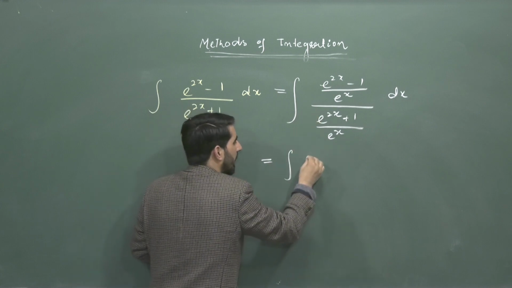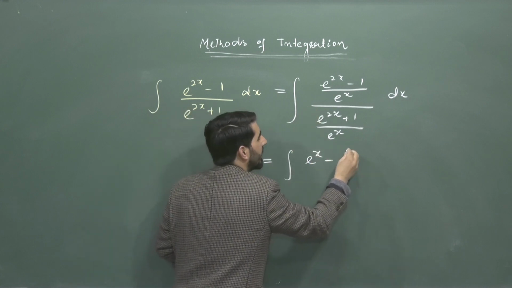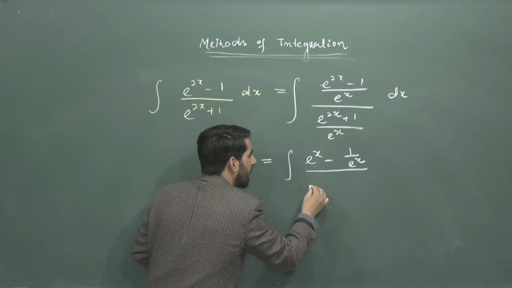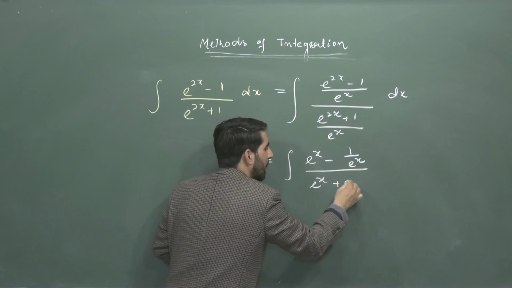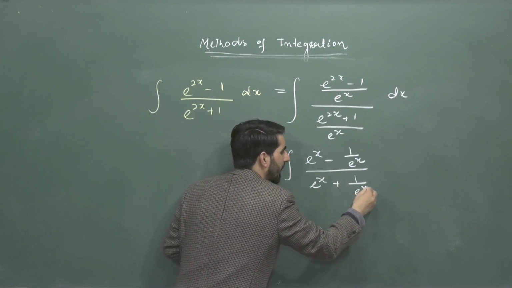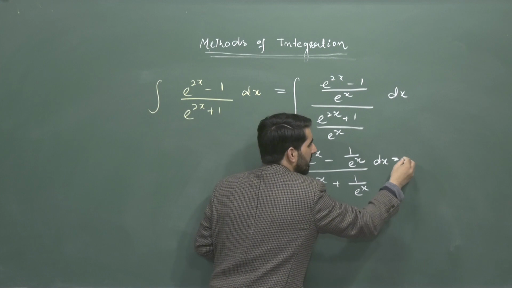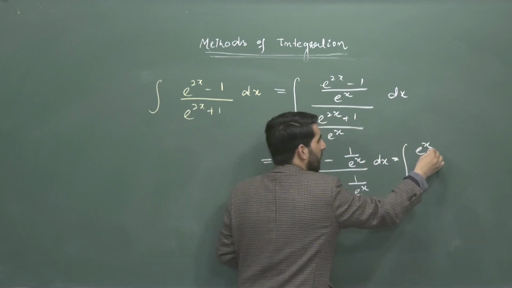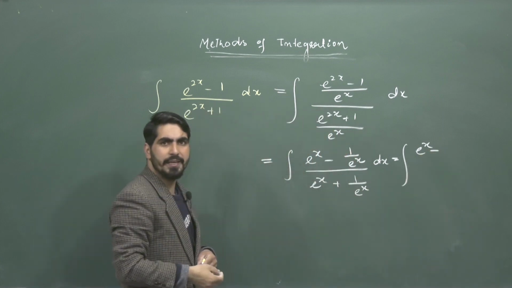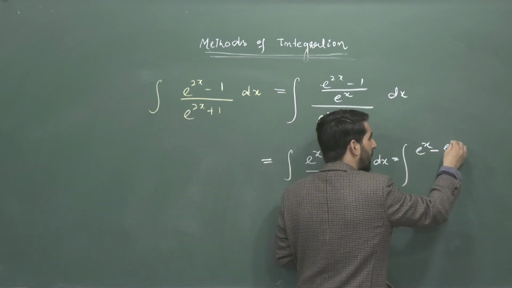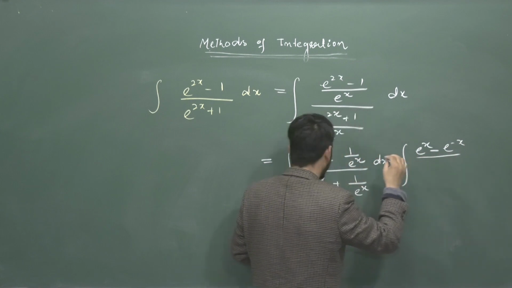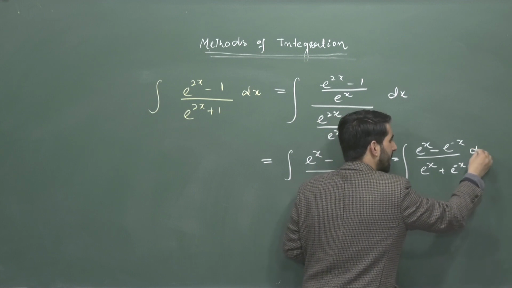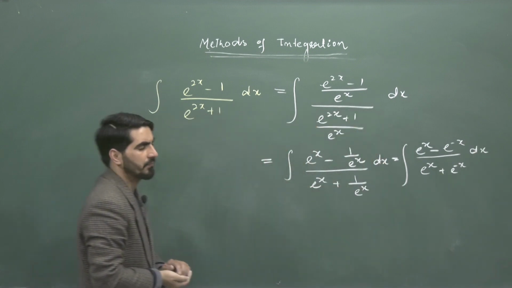The integral of (e^x - 1/e^x) divided by (e^x + 1/e^x) dx. This is equal to the integral of (e^x - e^{-x}) divided by (e^x + e^{-x}) dx. Now it is simple.